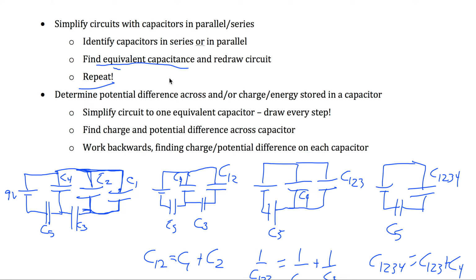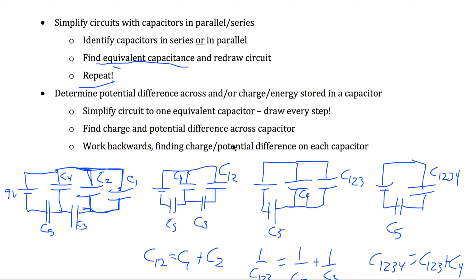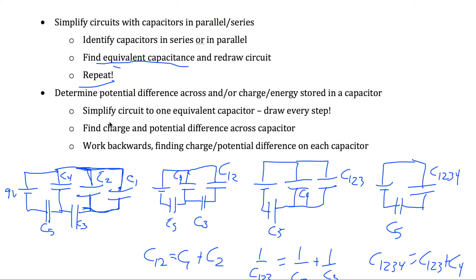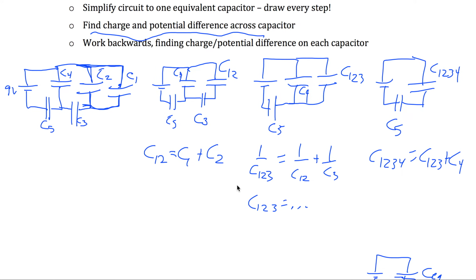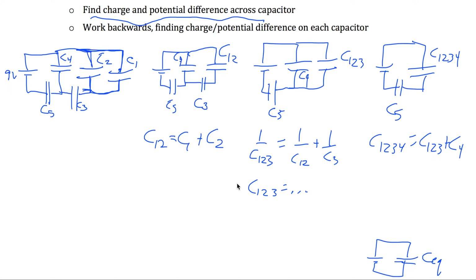So that's how you simplify the circuits, and then you need to go ahead and work backwards. So you have to find a charge and a potential difference across each capacitor as you work backwards. It depends what question you're being asked. So let's say that you're asked what is the charge stored on C3.